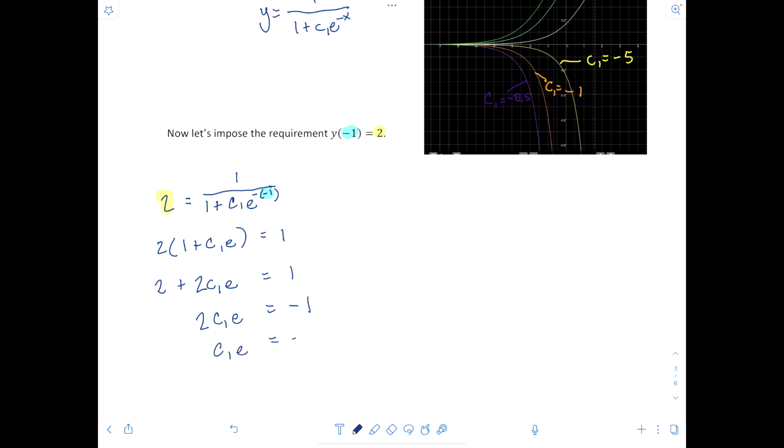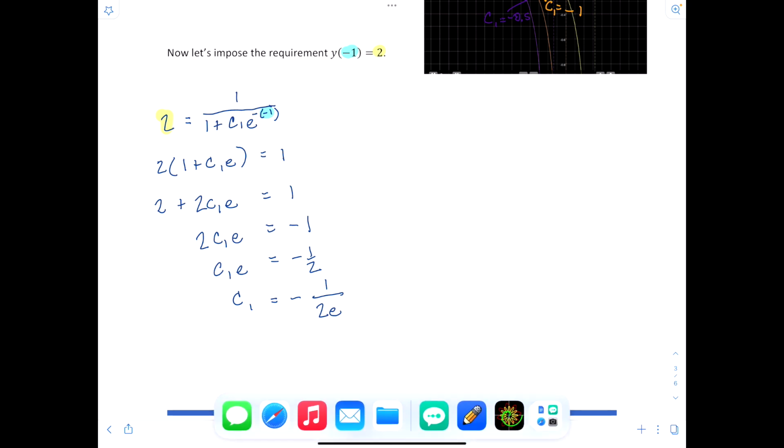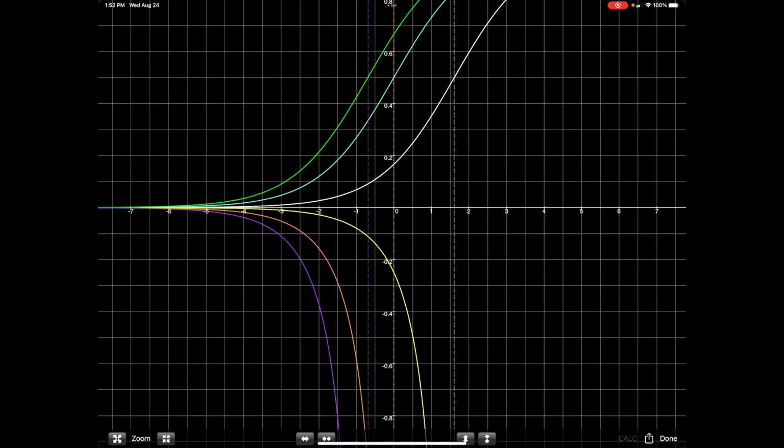C1 times e is -1/2. So C1 is equal to -1/(2e). I divide both sides by e.